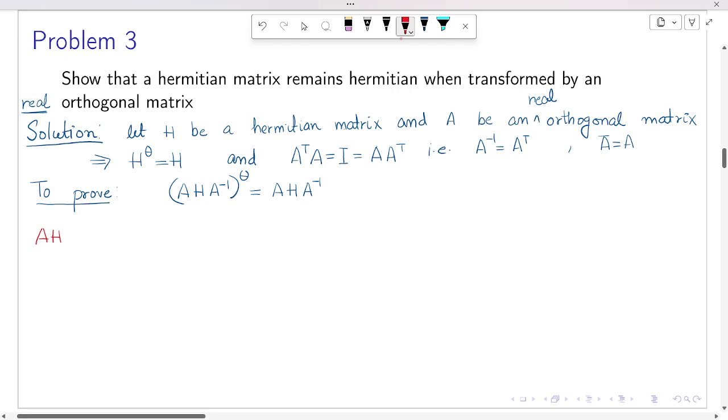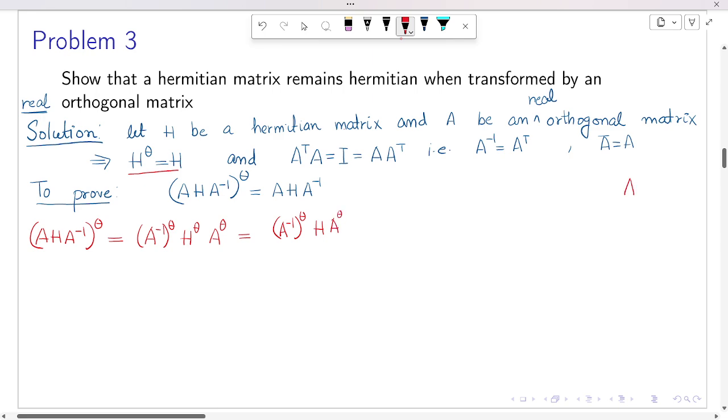We will use this result here. The conjugate of A H A inverse is equal to A inverse conjugate, H conjugate, and A conjugate. Okay. Now we have H conjugate is equal to H, so this is A inverse conjugate H A conjugate.